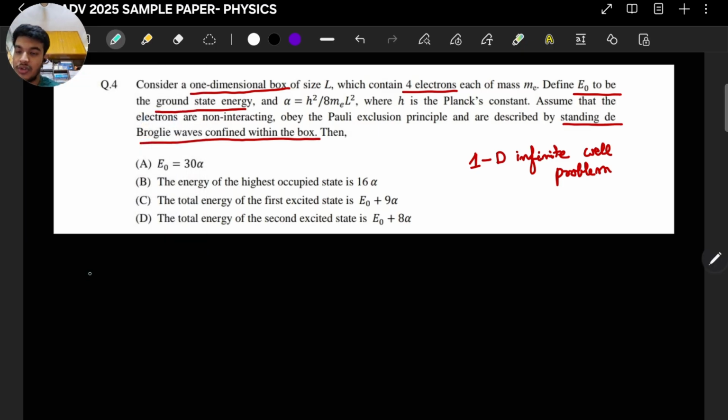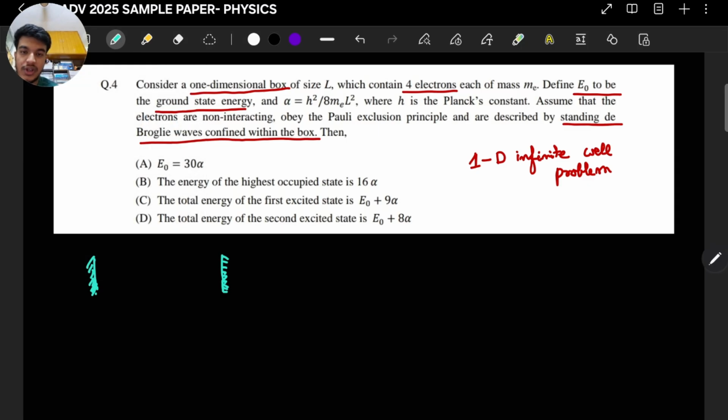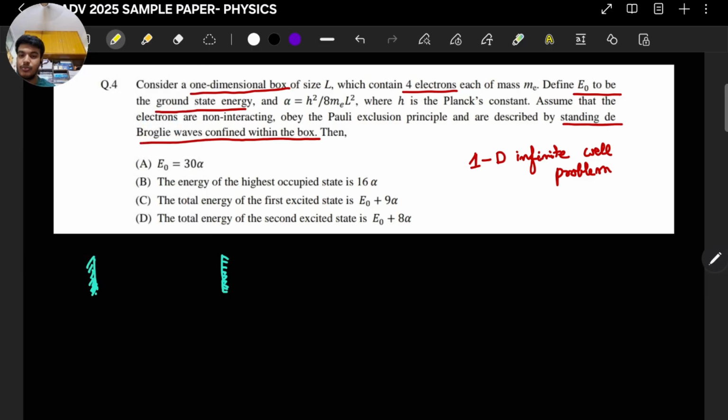So we have a 1D box, and in this box there is an electron which is forming standing waves. Since it is forming standing waves, if there was no node, then this would be the standing wave that is formed.